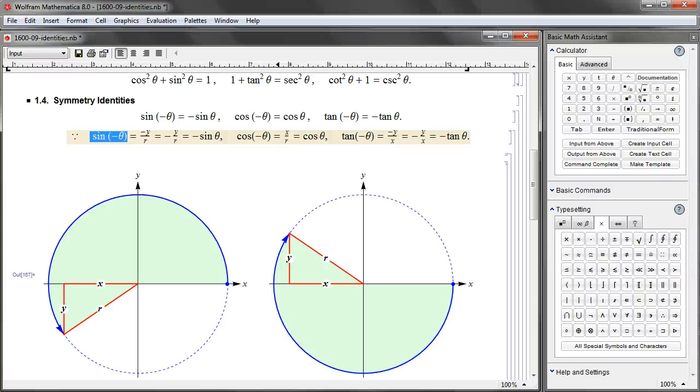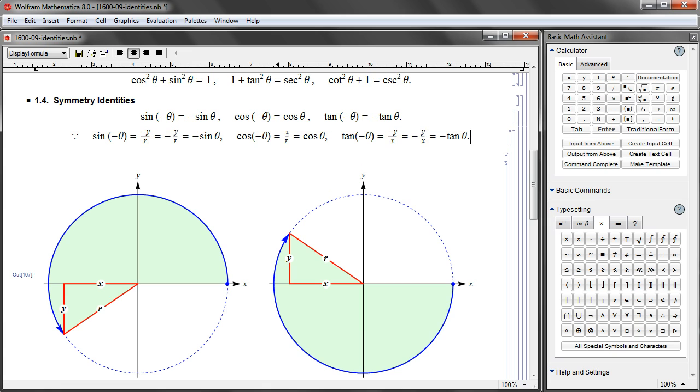As a matter of fact, you see those two solid red triangles which are congruent, except that the y value is going upward one way and downward the other way, which is of course taken care of by putting a negative sign. That's how we get the negative sign, negative y over r. So we end up with negative of y over r, or negative of sine of theta.